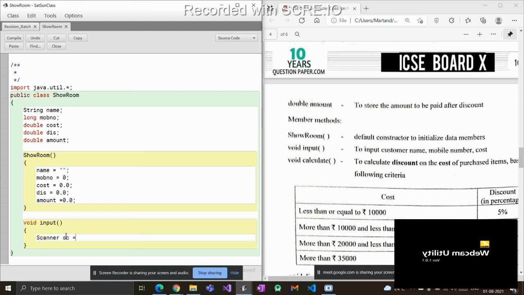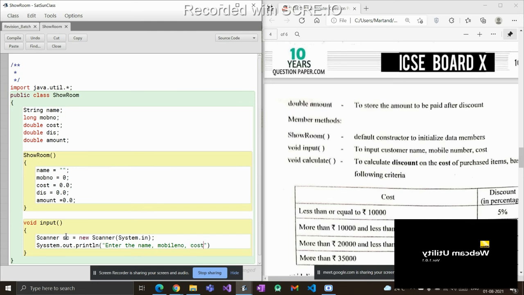Okay, so Scanner sc equal to new Scanner, and then System.in, and then write just one System.out.println statement and accept everything inside that. Means what? Write System.out.println, and inside this I'll say enter the name, comma, mobile number, comma, cost, like this.